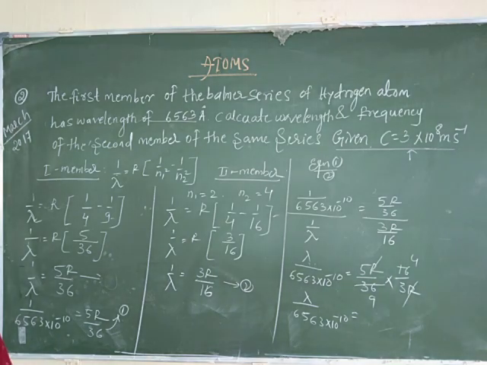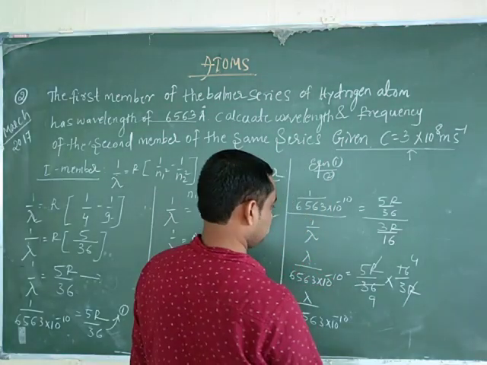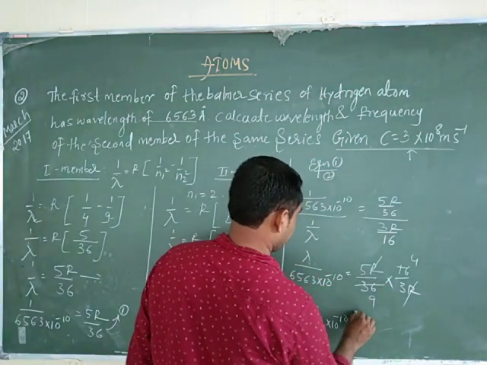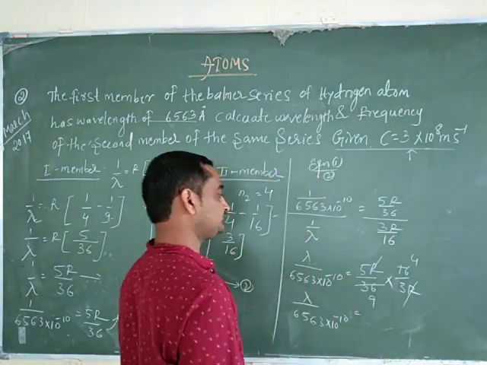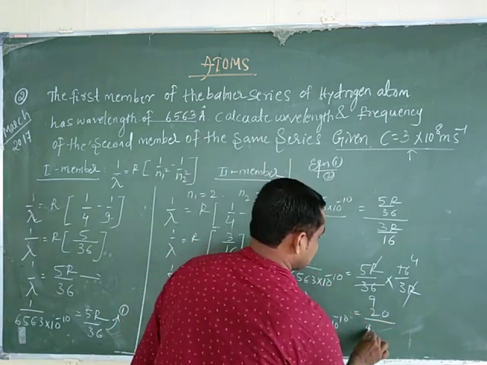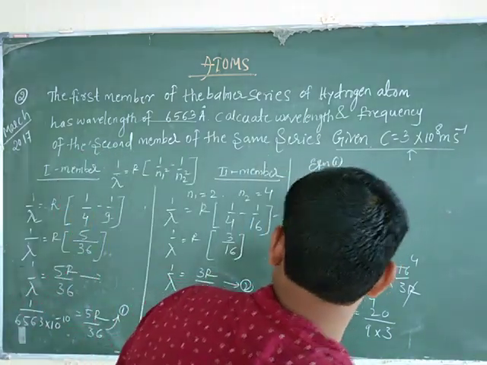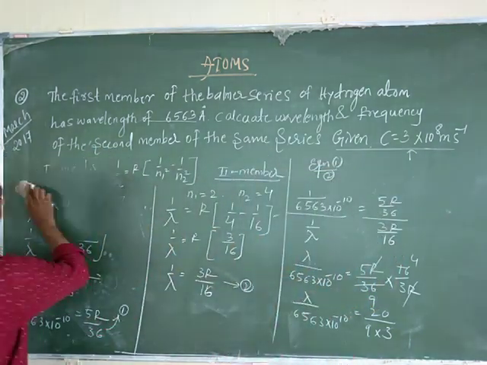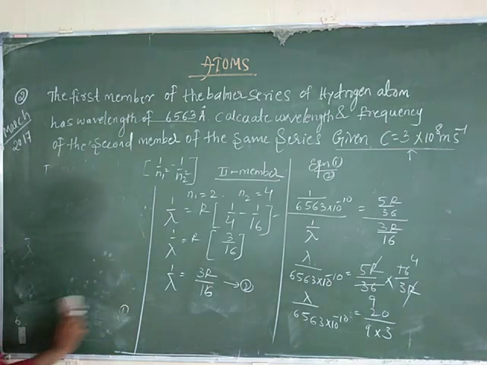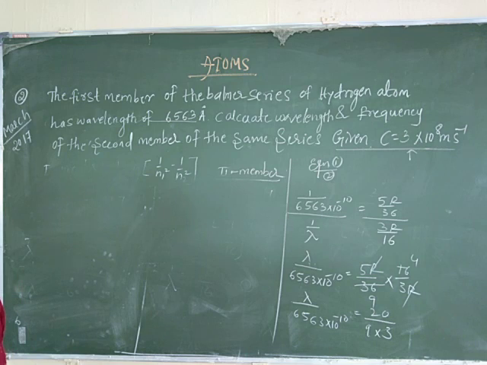5 into 4, that is 20 divided by 9 into 3. Now again solve this. By solving this, we want the value of lambda.